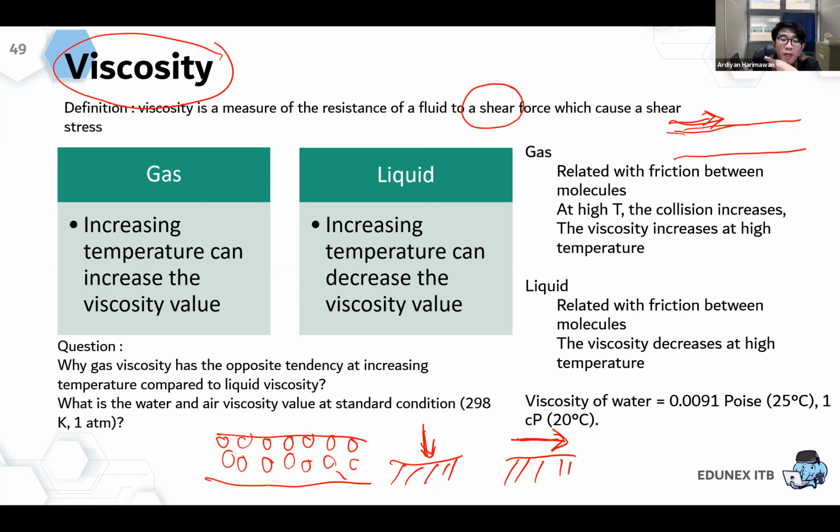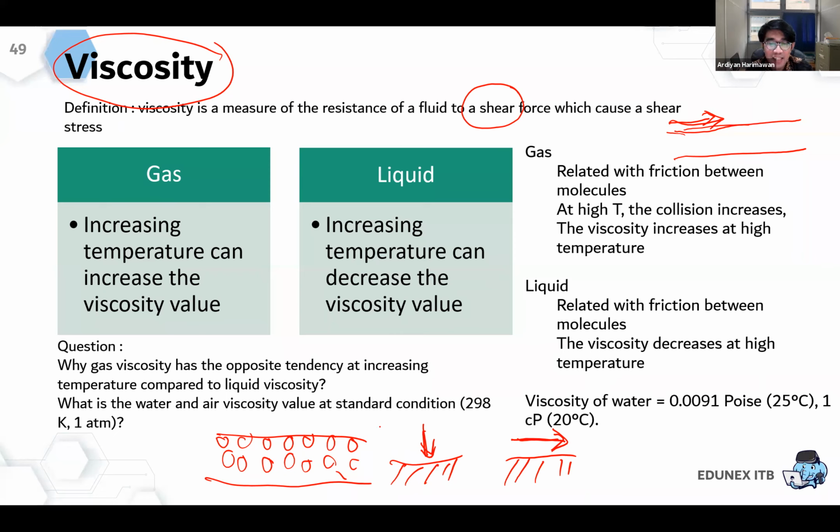And then when we give shear force, for example, at the surface, there will be some friction between the molecules. The intermolecular bonds basically make the fluid resist that force because it has friction. So the top layer of the molecules will move to the right, but the second layer will pull it back to the left direction, right?